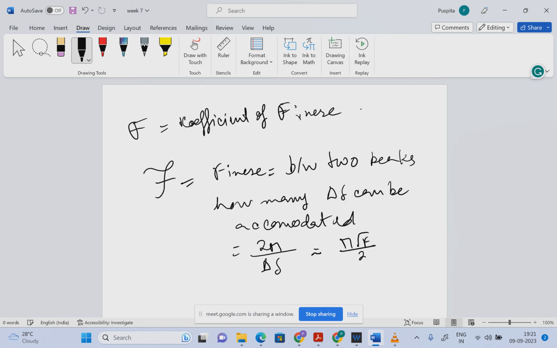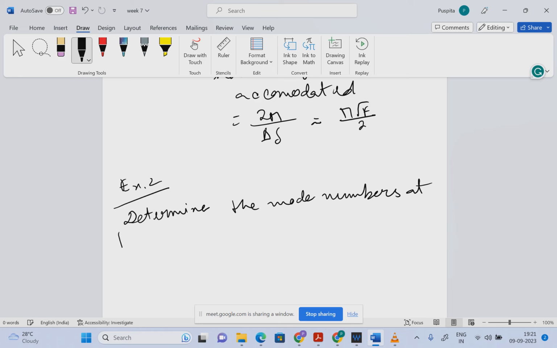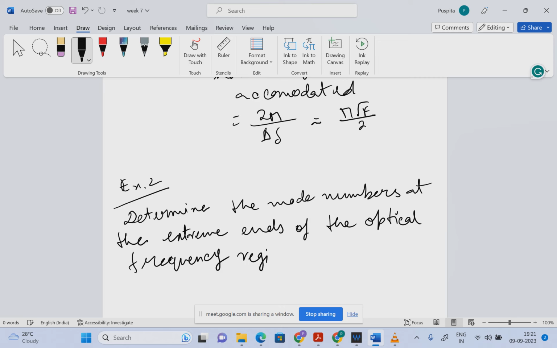Now, another example: determine the mode numbers at the extreme ends of the optical frequency region for the following examples.